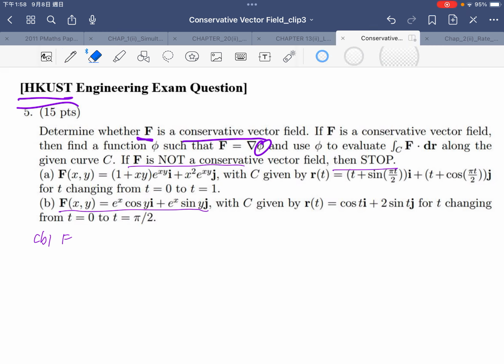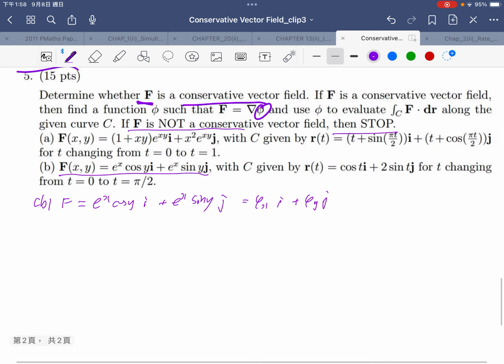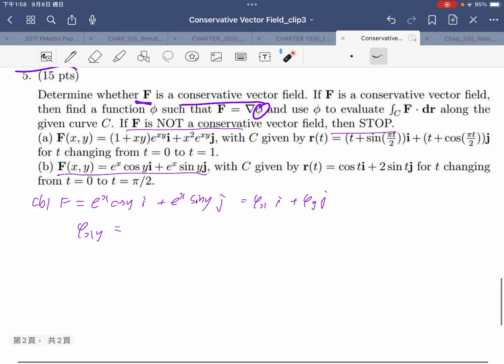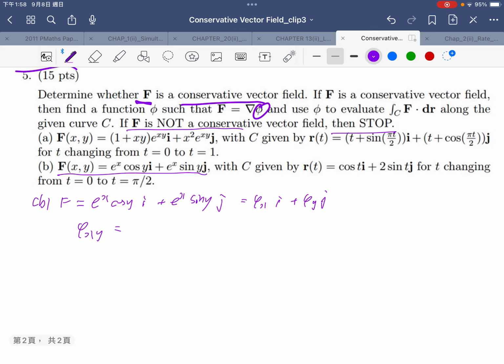Okay, I don't write xy. F = e^x cos y i plus e^x sin y j. This must be phi_x i, phi_y j. Therefore, I only check phi_xy. Phi_xy means differentiate this part with respect to y. Then this is minus e^x sin y.